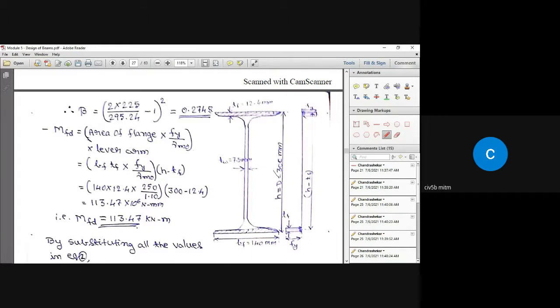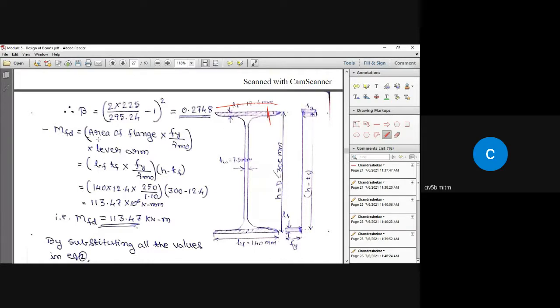That is, we must consider the flange moment capacity here. What is the flange area? Width of the flange multiplied by the thickness of the flange.